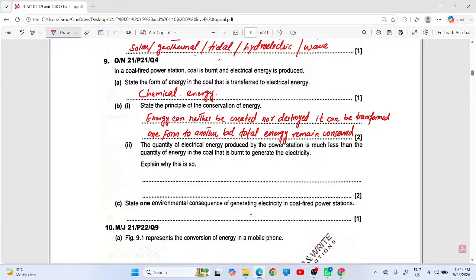Sentence देख लेते हैं. Energy can neither be created nor destroyed. It can be transformed from one form to another, but total energy remains conserved. Okay.